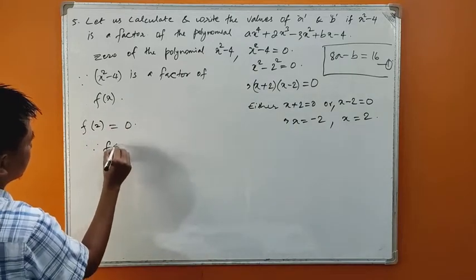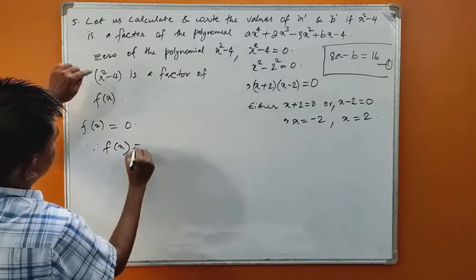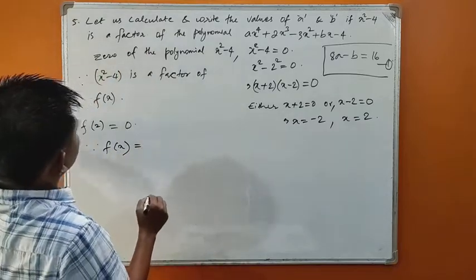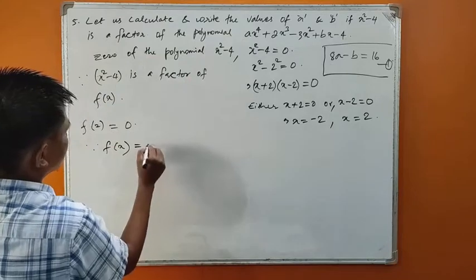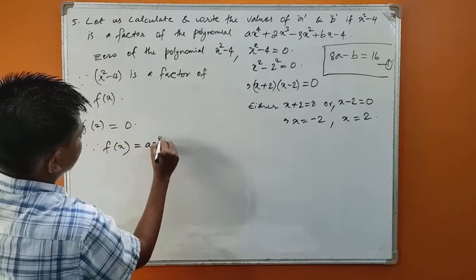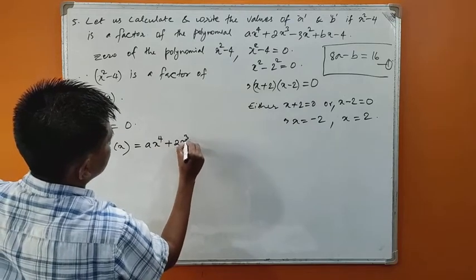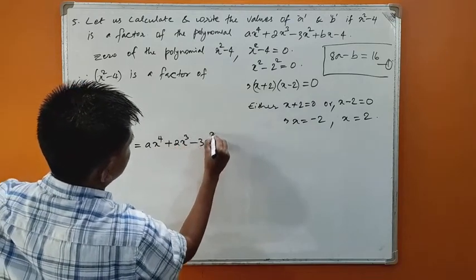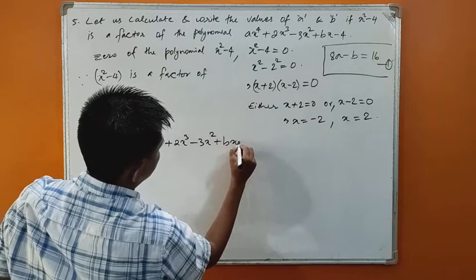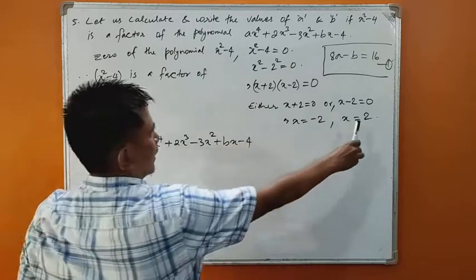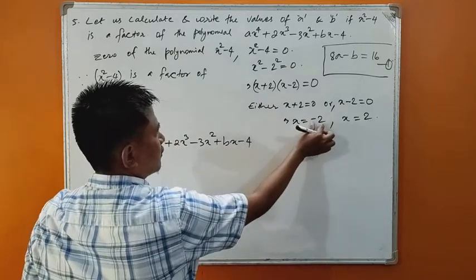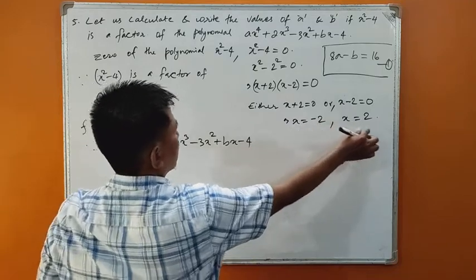Since f(x) equals ax to the power 4 plus 2x cube minus 3x square plus bx minus 4. I am taking this 2. I already did minus 2; now I am taking this 2.